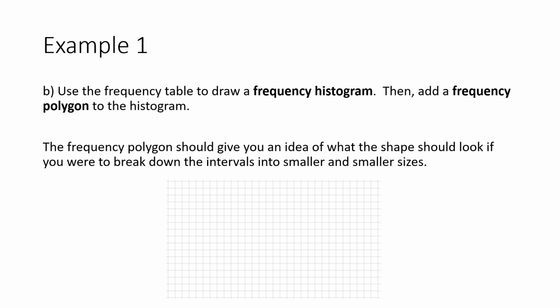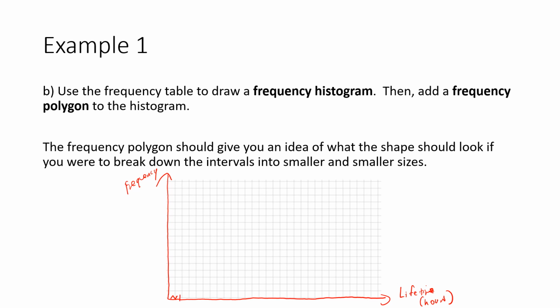Now, we can use this information to draw a frequency histogram and add a frequency polygon to the histogram. For our histogram, you're going to have a vertical axis and a horizontal axis. Frequency goes on the vertical axis and lifetime in hours on the horizontal axis.